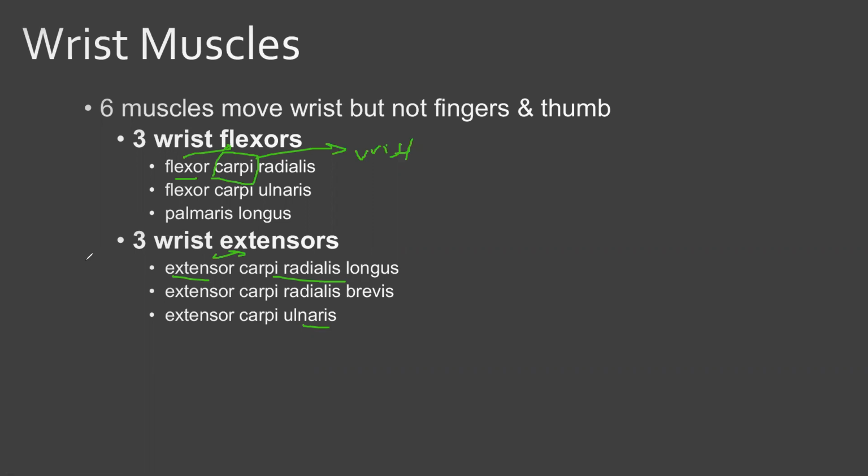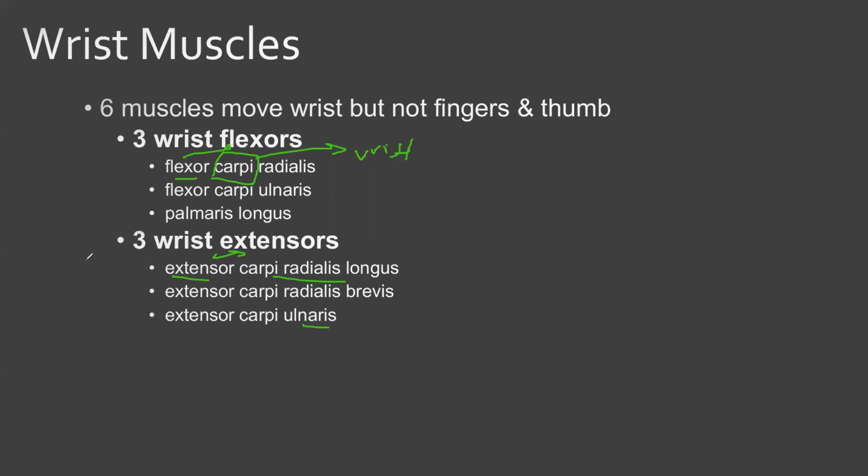All of your wrist flexors and extensors are going to contribute to both your sagittal and frontal plane movements. If it's a flexor or extensor, that tells you which sagittal direction it moves, and whatever bone it connects with tells you what frontal plane movement it goes.